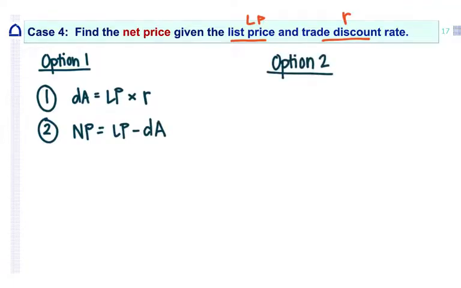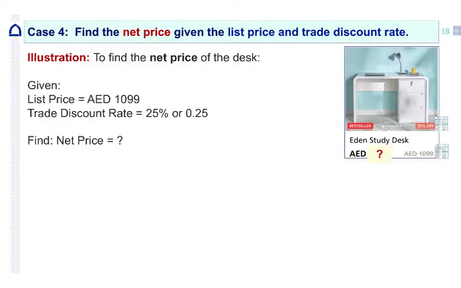The second option, which is the one I prefer, is there is a formula where in one step you can just plug in that the net price, the cheaper price, can be calculated by doing the list price times the complement of the discount rate, which really just means 1 minus the discount rate. So we'll do both in the next slide and you can see which method you prefer.